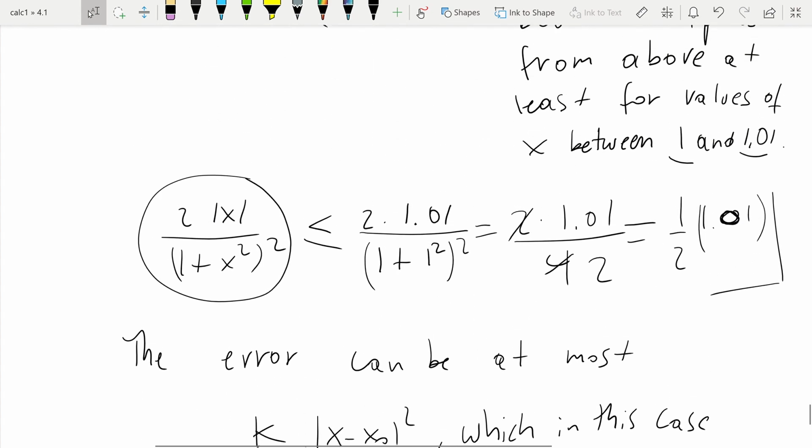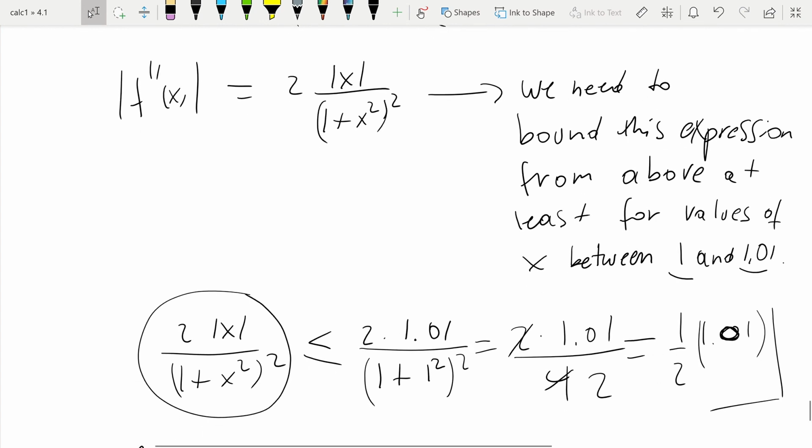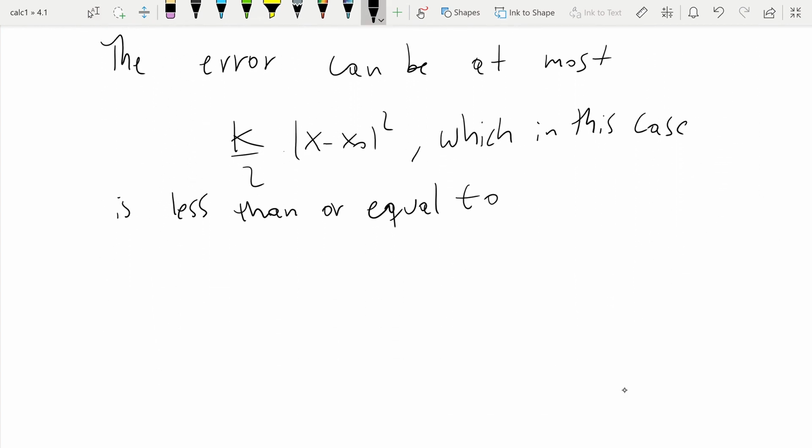Remember, this expression comes from the second derivative. So we're bounding the second derivative, k, by 1/2 times 1.01, and times x minus x naught squared. What is that?